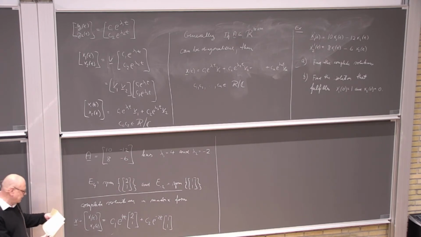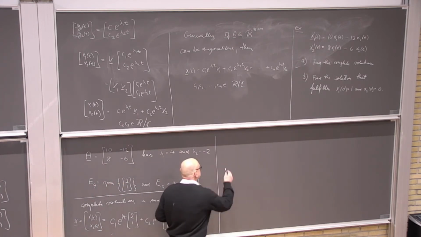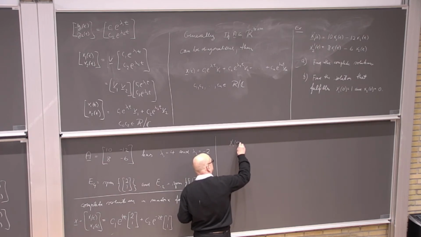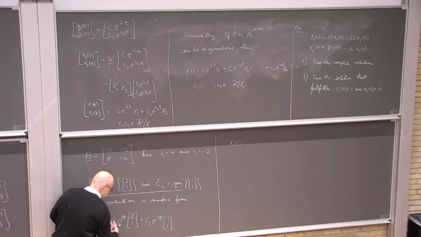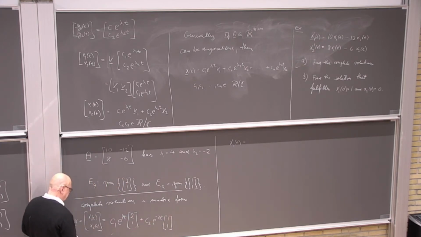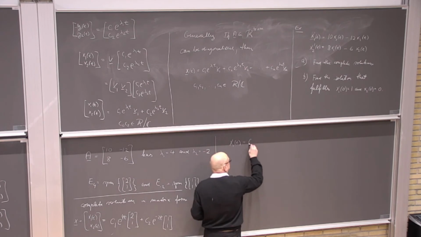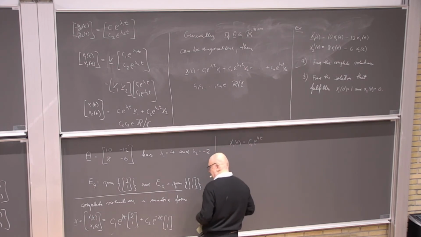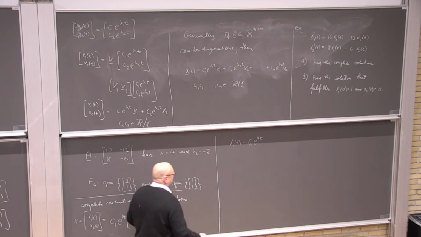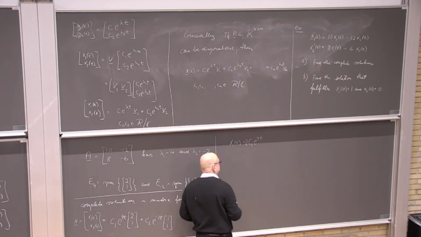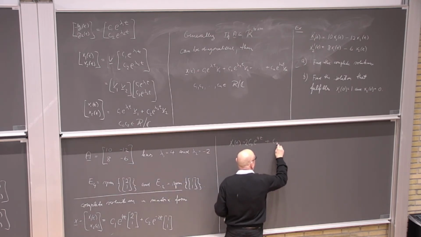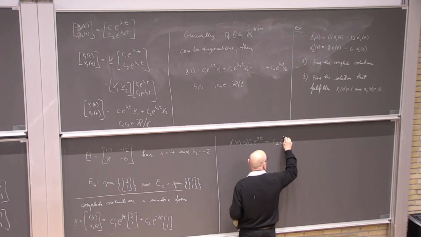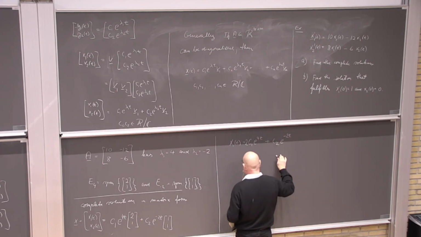That is, I want to write it as two functions. x1(t), if I take just the first row in this solution, I get c1, and then I get a 2 here, and then plus c2, like this.